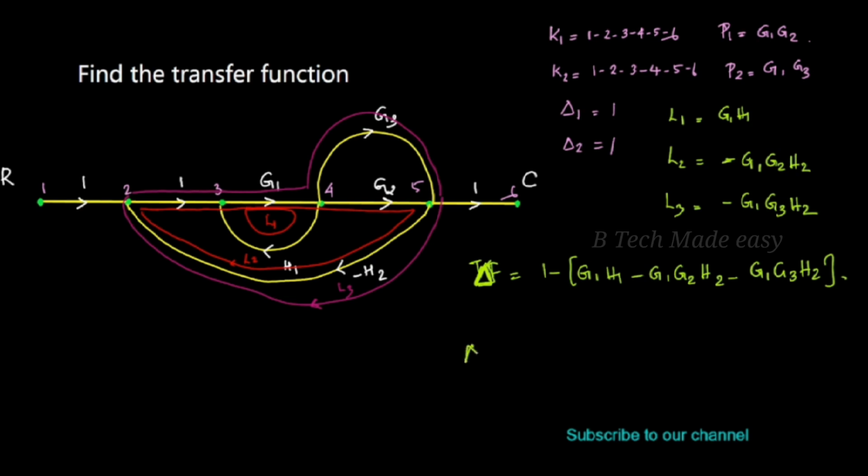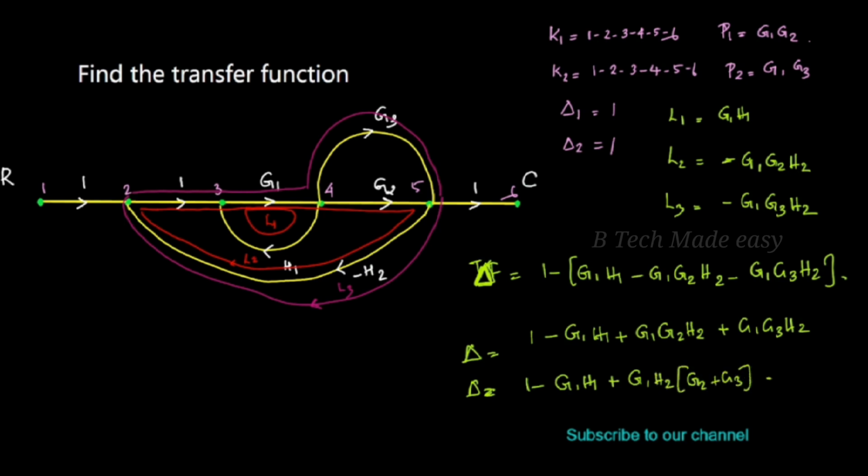Delta is equal to 1 minus G1 H1 plus G1 G2 H2 plus G1 G3 H2. This can be rearranged as delta is equal to 1 minus G1 H1 plus G1 H2 into (G2 plus G3). You can rewrite it like this.